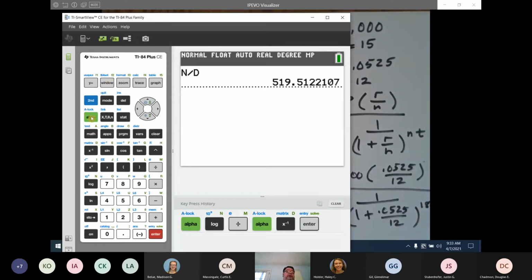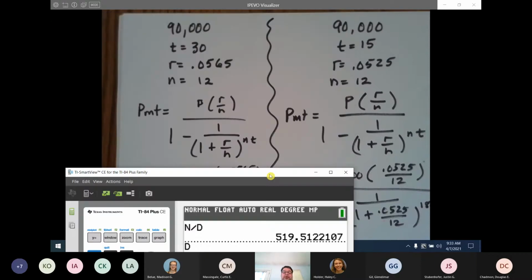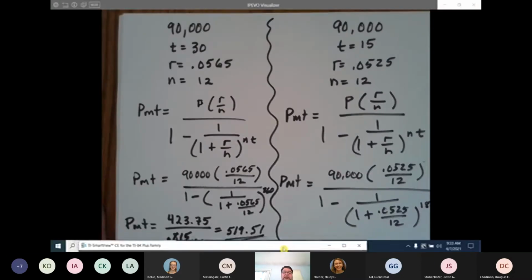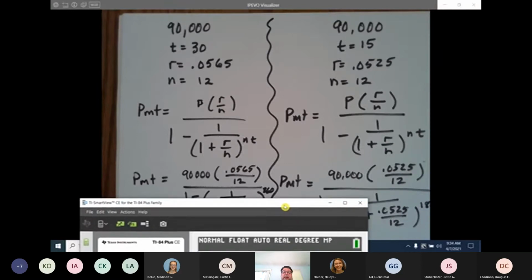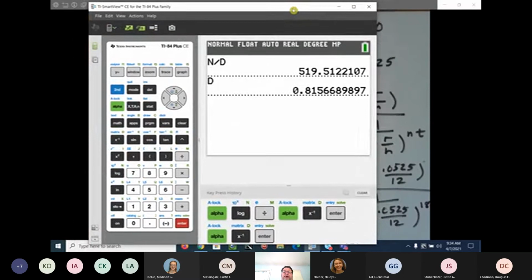And what is alpha D? 0.815. Now, how many payments do we have? Well, it says 360 payments right there. So we're going to take that 519 and multiply that by 360. And let's see how much we really paid for the house after 30 years.